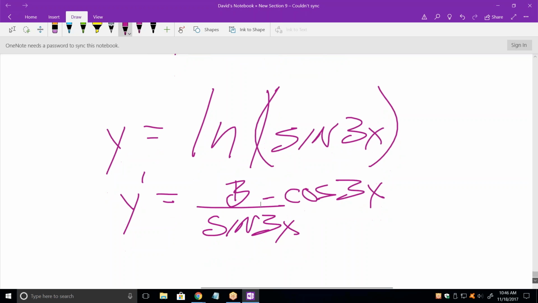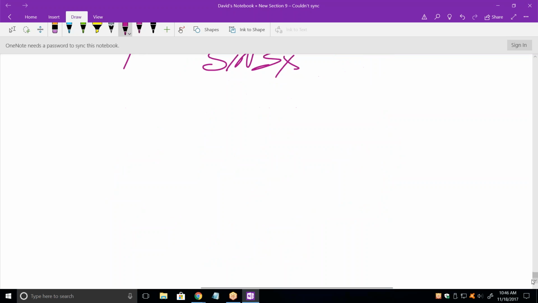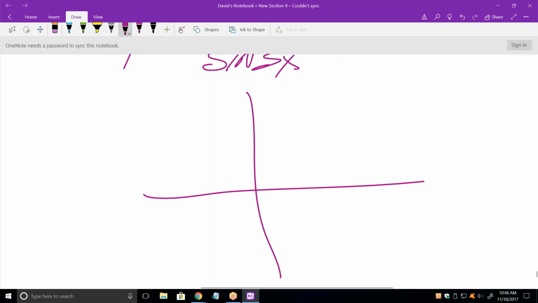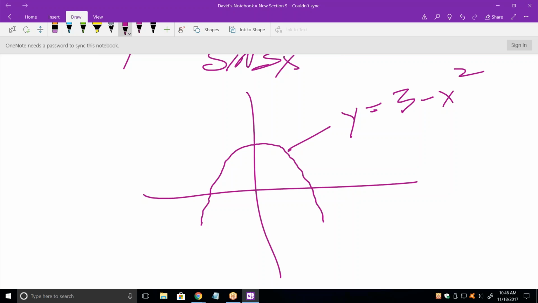All right, so let's see. Let me see if I can come up with another optimization that's just a little bit more difficult. That equation is y equals 3 minus x squared. That is a parabola. Okay?